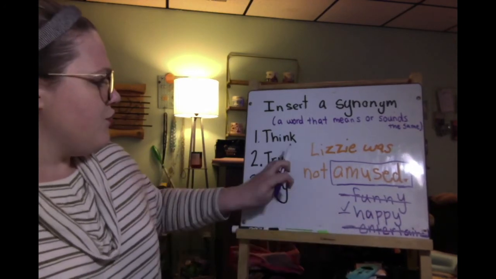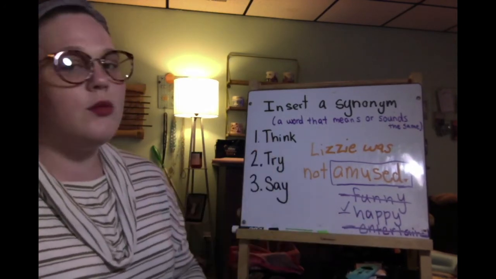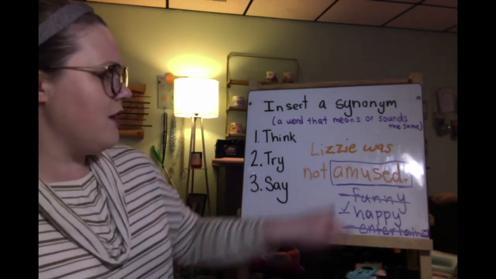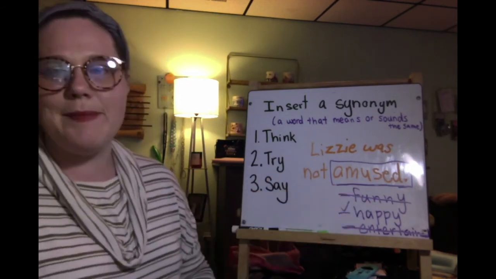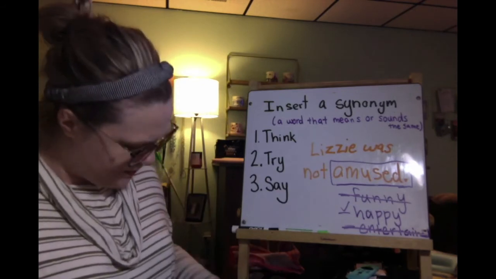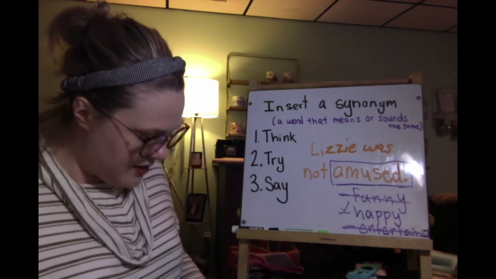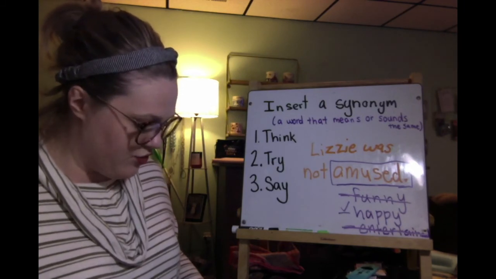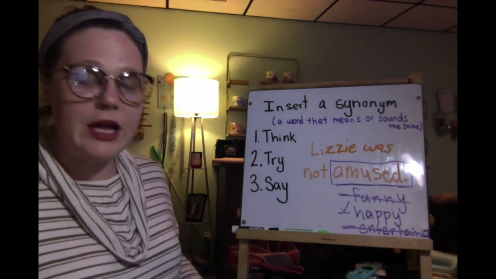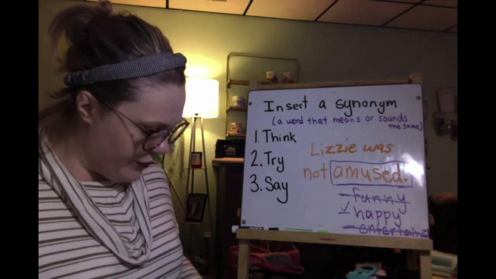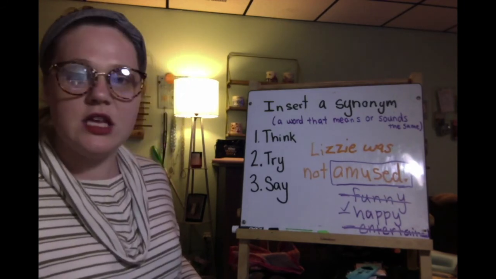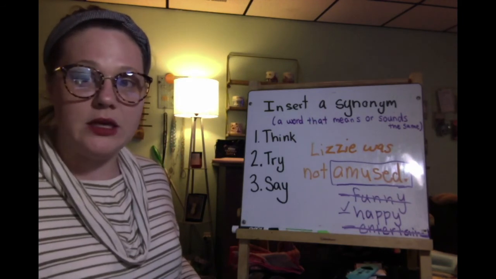Now that I've tried these new words, I'm going to say the word in the context of the story. Instead of saying amused, I'm going to say happy and see if it still makes sense. The next day, while Lizzie was at school, Marvin found a tube of golden glitter glue in Lizzie's desk drawer. He made golden glitter swirls all over her favorite stuffed bear, Sebastian. Lizzie was not happy.